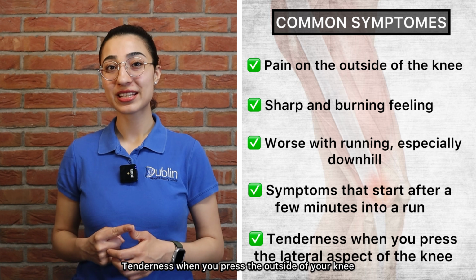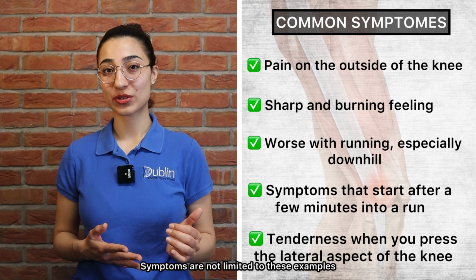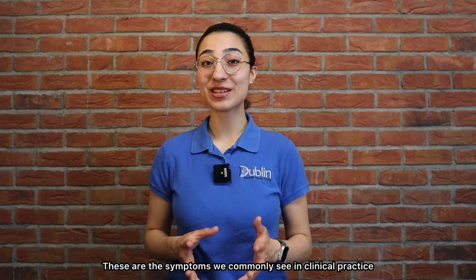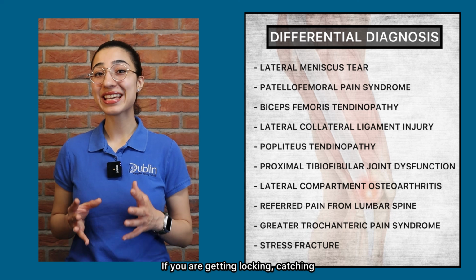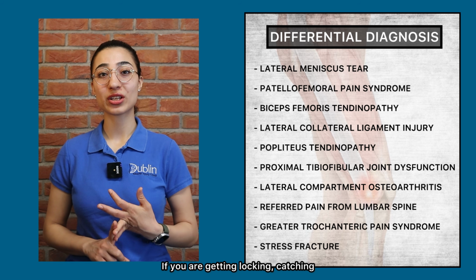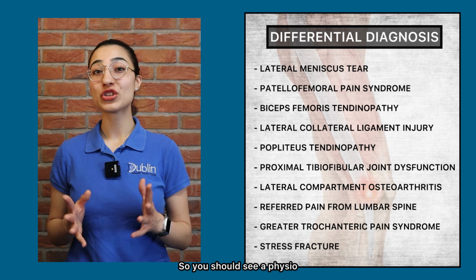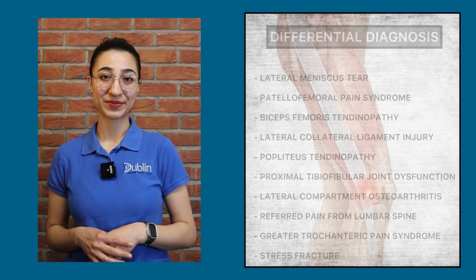Tenderness when you press the outside of your knee. Symptoms are not limited to these examples, and you may experience more than one at the same time. These are the symptoms we commonly see in clinical practice. If you are getting locking, catching, or deep joint pain, that's different. So you should see a physio and get it assessed properly.